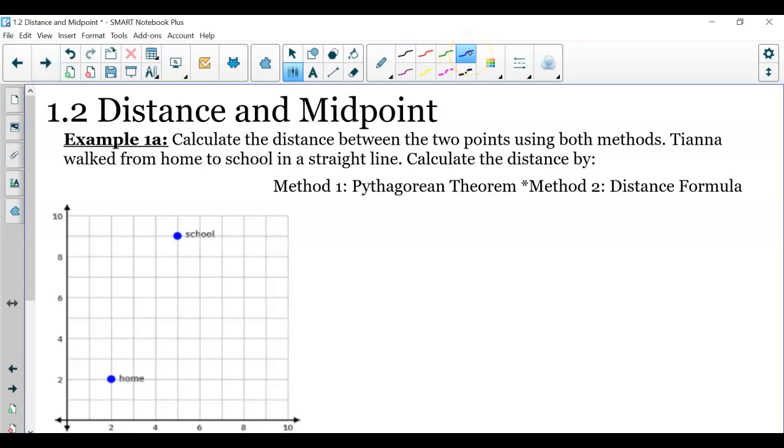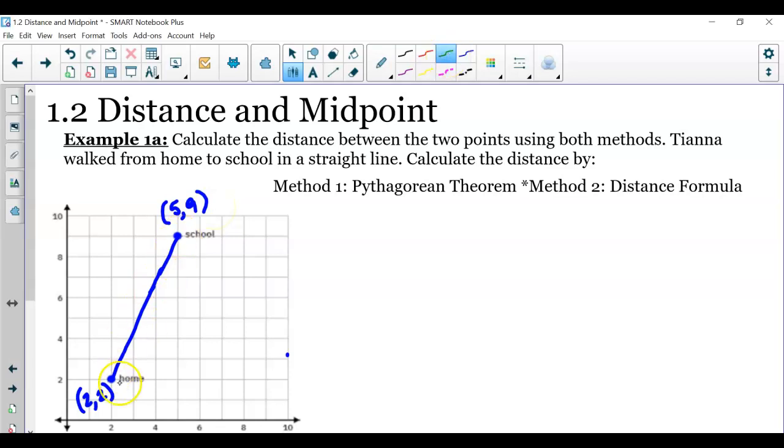So again, here we're looking for the distance between the 2 points, how far Tiana has to walk from home to school. So that distance here from home to school. So for now, let's still go ahead and identify the points. Here, home is at 2, 2, and school is at 5, 9. So let's go ahead.